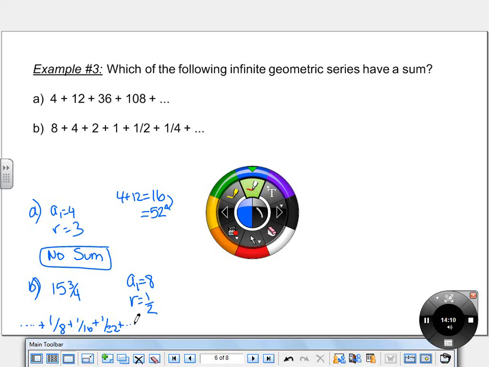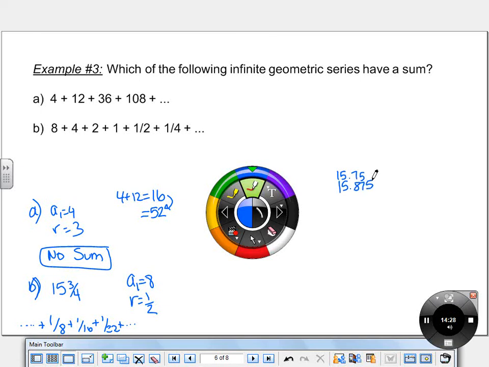So right now I'm at 15 3/4 or 15.75. Then if I add on to that 1/8, my sum becomes, I'm going to list the sums over here so you can see them. I was at 15 3/4 or 15.75. Now I'm at 15.875.